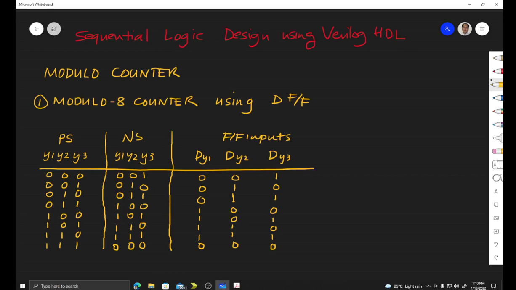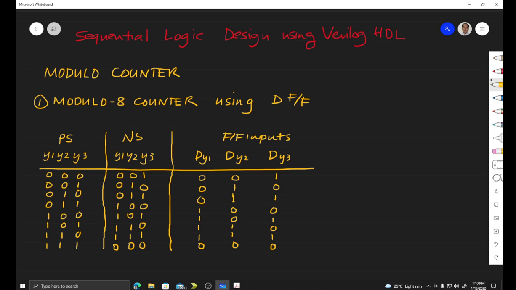Okay, so we begin with the design of a modulo counter. So for number one, let us design a modulo 8 counter using an edge-sensitive flip-flop. For this counter, we have here our present state: y1, y2, y3.